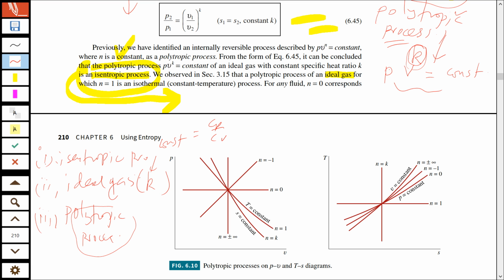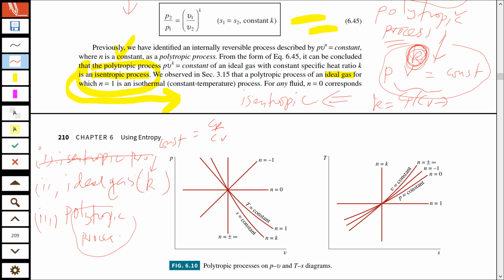Instead of knowing that it was an isentropic process, you can use this observation in problem solving: if you are given a process which is polytropic, and it turns out that it is not just any polytropic, but with that exponent equal to k, and you know that k is Cp over Cv, and that it is of course constant, because without that it's not a polytropic process, you can conclude that this must have been an isentropic process. So you are actually flipping the reasoning.